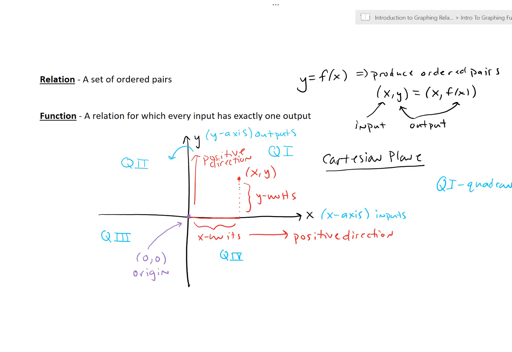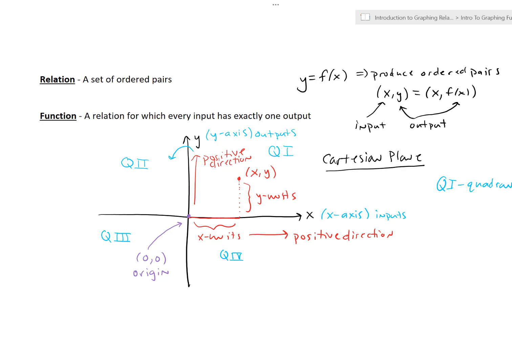And then from there we move up or down accordingly, the vertical amount of units, the output units, and of course, those locations all depend on if x or y are positive, negative, or 0. This plane is produced by intersecting a horizontal and vertical real number line, the x and y axes, accordingly, and then this chops it up into 4 pieces called the 4 quadrants. Quadrant 1 starts at the top right, moving counterclockwise around to get your other quadrants.